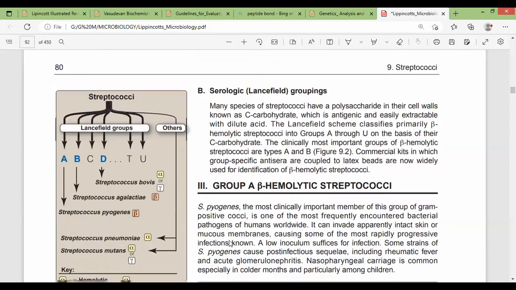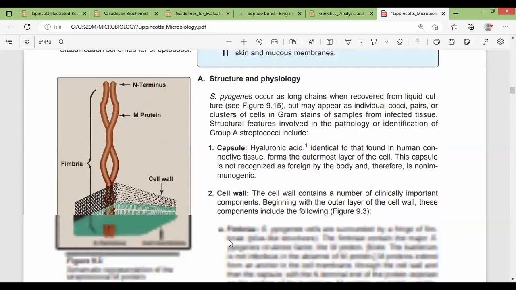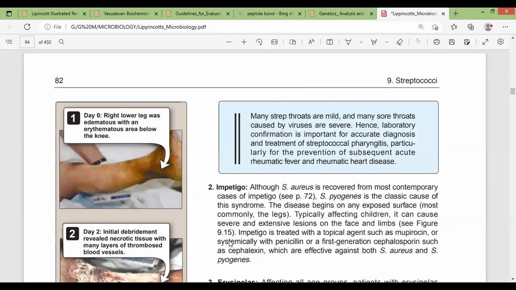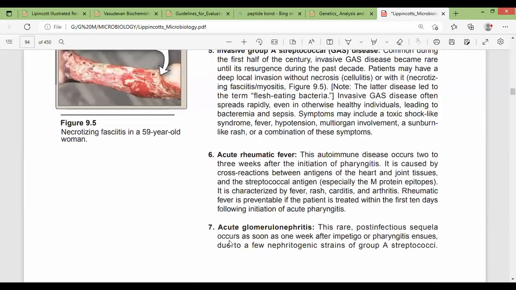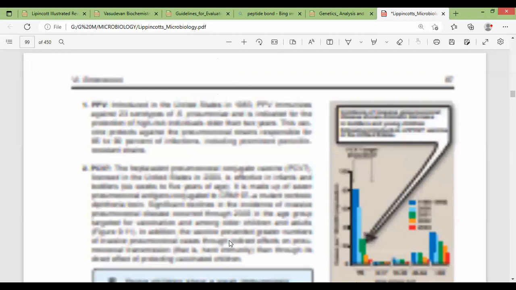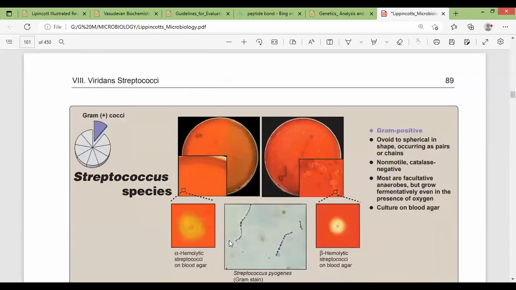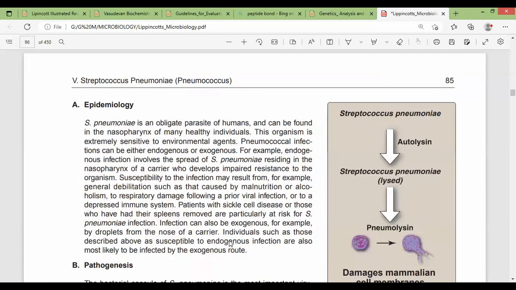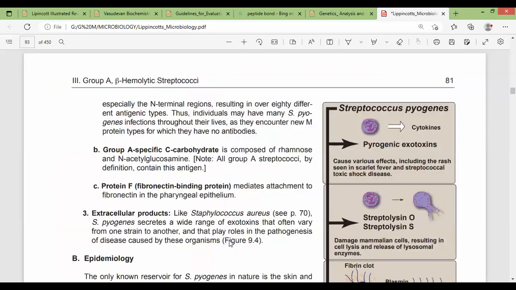I don't know if there's a diagram of a media that has undergone complete hemolysis. If someone can just Google that and send it on the group, how the different media will appear: one that has gone complete hemolysis, one that has gone partial hemolysis, and one that has undergone no hemolysis at all.